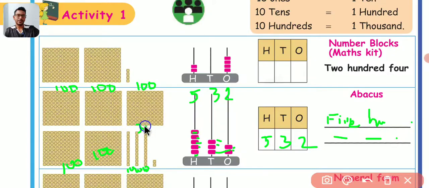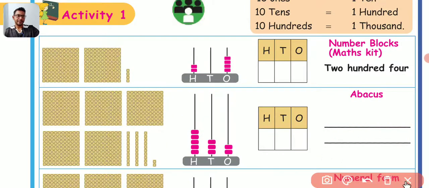Here how many ones? 2 ones. Okay, 500 plus 30 plus 2. If you add 500 plus 30, 530, plus 2, 532. I hope you understand.